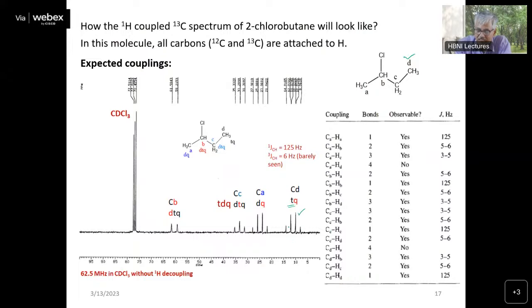Similarly, this quartet, which comes due to this methyl, will have each line coupled to this hydrogen, so it is a doublet of quartets.